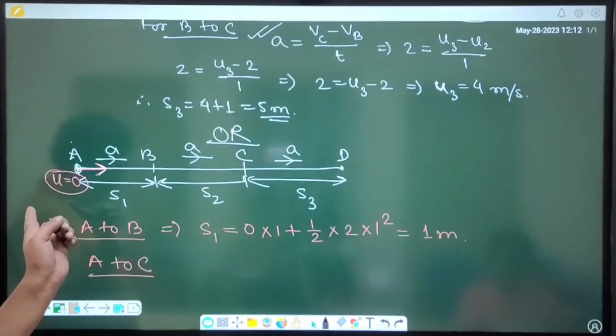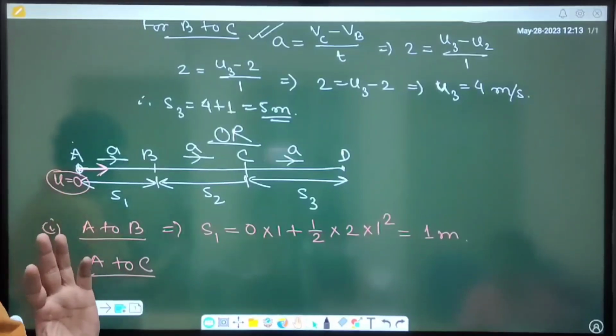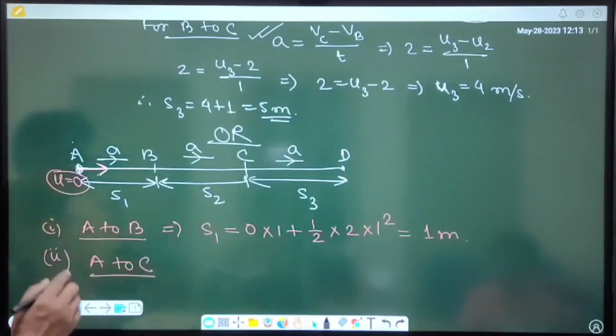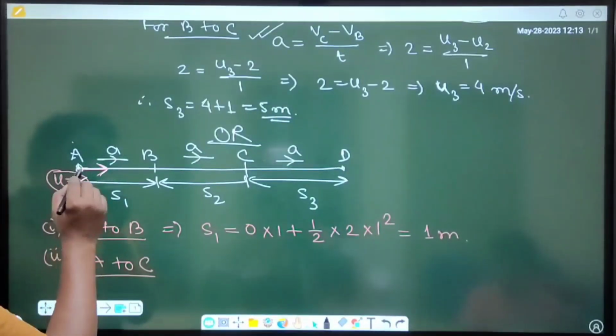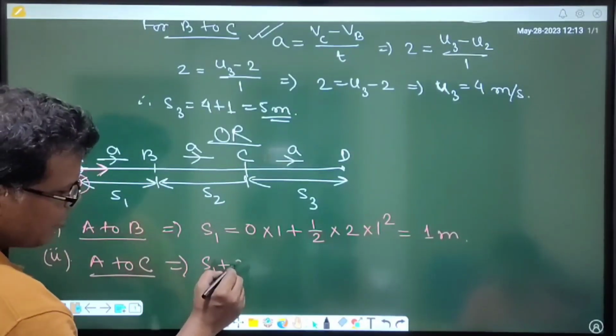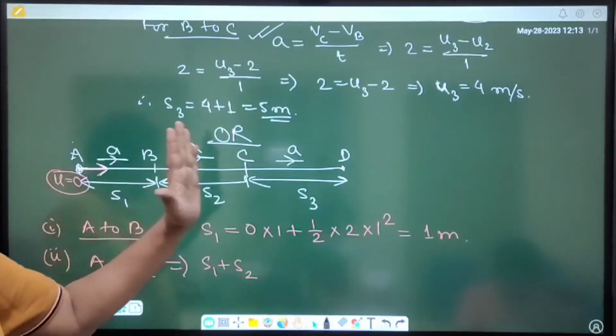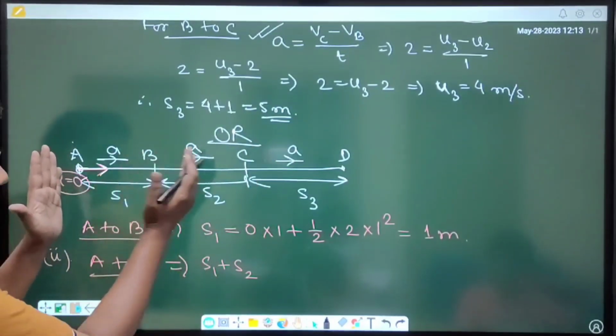I only know the velocity at A. So I will use the velocity at A as the starting velocity. If I calculate the displacement from A to C, it will be S1 plus S2.